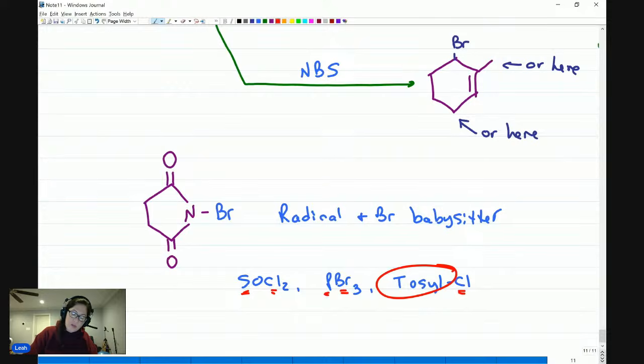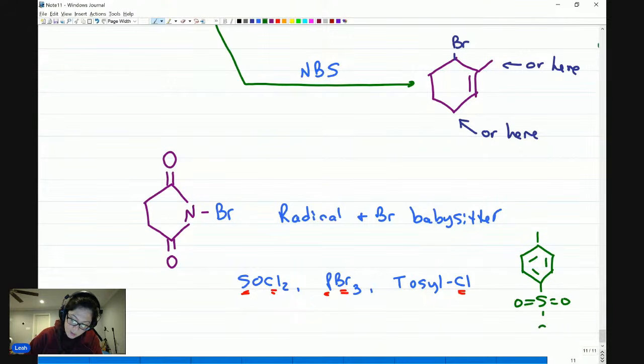The tosyl chloride, you do have to know what it is. You can't just invent it. But even if you forgot, you can still say, oh yeah, it's got a chlorine. So ACS students, you do have to know the tosyl chloride is toluene sulfonyl chloride. That is toluene sulfonyl chloride.